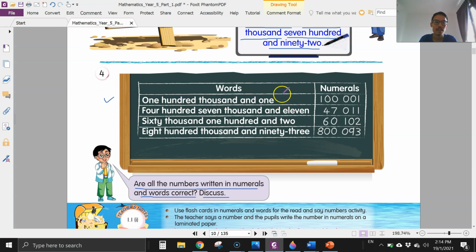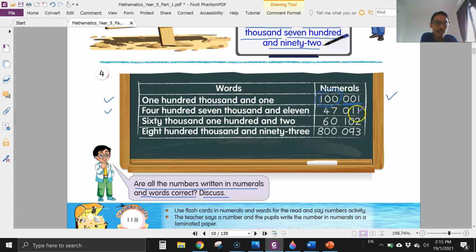100,001. Okay, 100,000. Now you can see that the number group is 100,000, and then the unit group is only 1. So 100,001. This is correct. Okay. Second one, 407,011. 407,000.